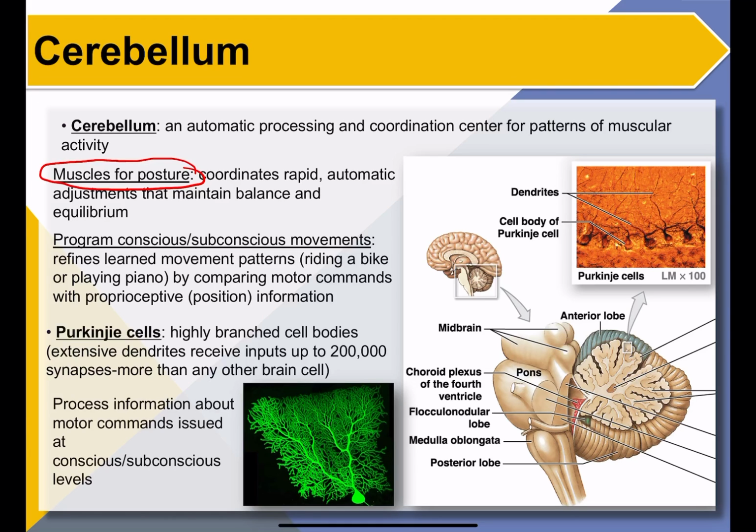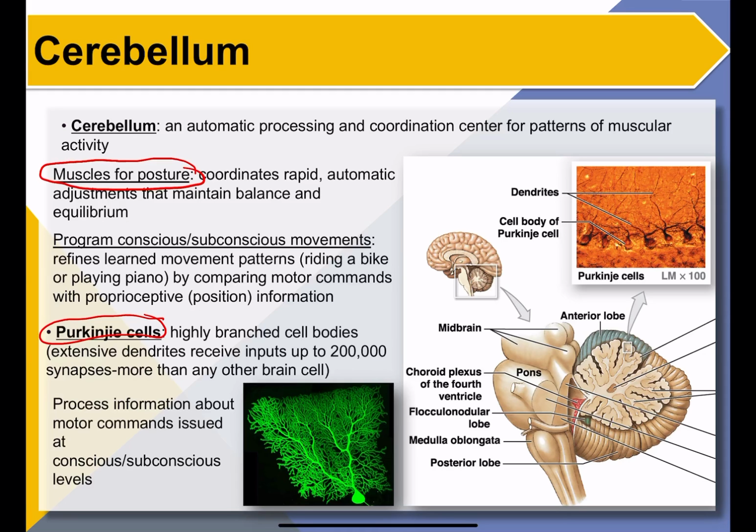And maybe because of all that coordination and programming that's involved with the cerebellum, this particular part of the brain contains a special type of neuron called the Purkinje cells. What's special about these Purkinje cells is that they are neurons with cell bodies that have an extensive amount of dendrites.